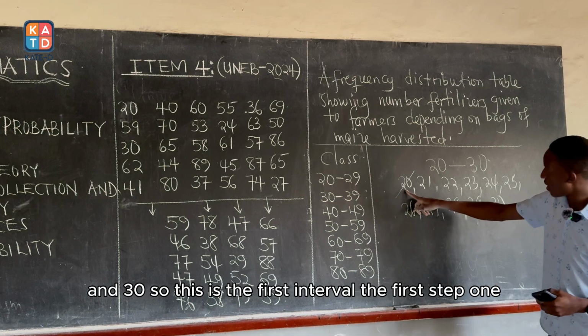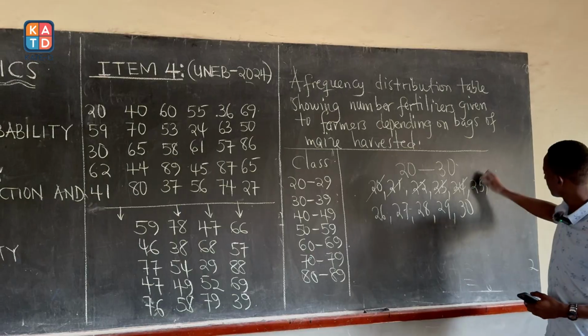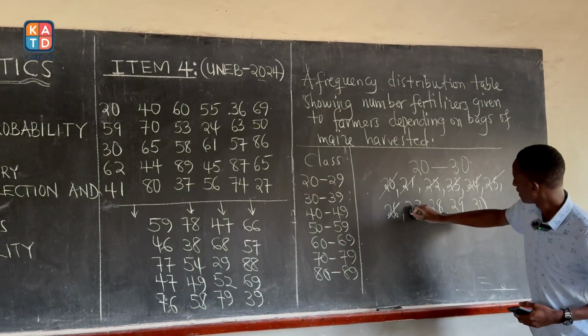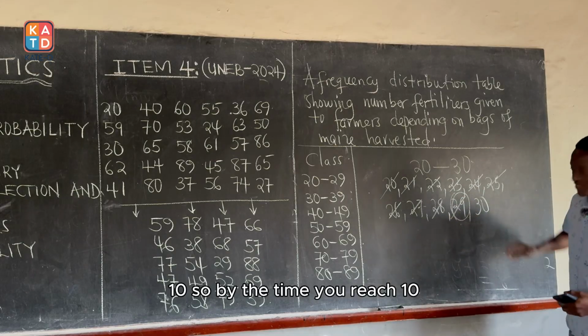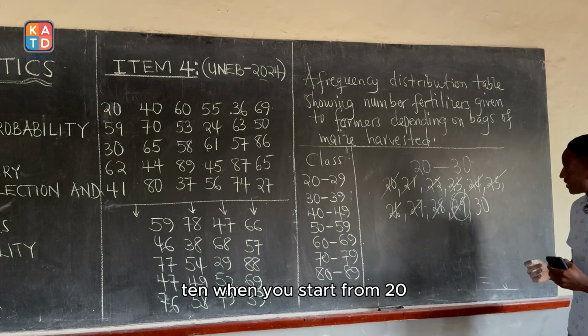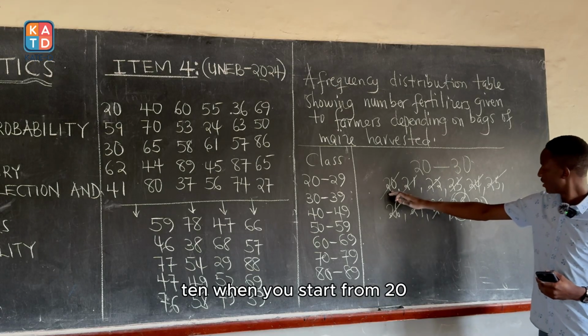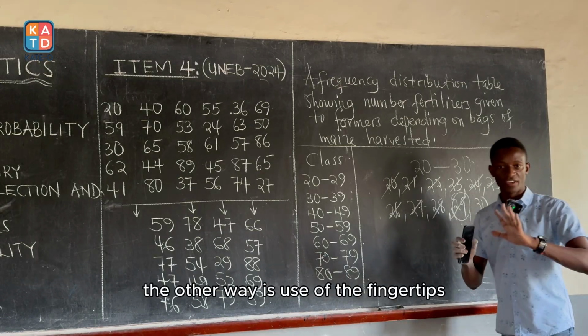The first step, 1, 2, 3, 4, 5, 6, 7, 8, 9, 10. So by the time you reach 10, you are on 29. So it means that the interval that has been given as 10, when you start from 20, you should stop at 29. The other way is use of the fingertips.